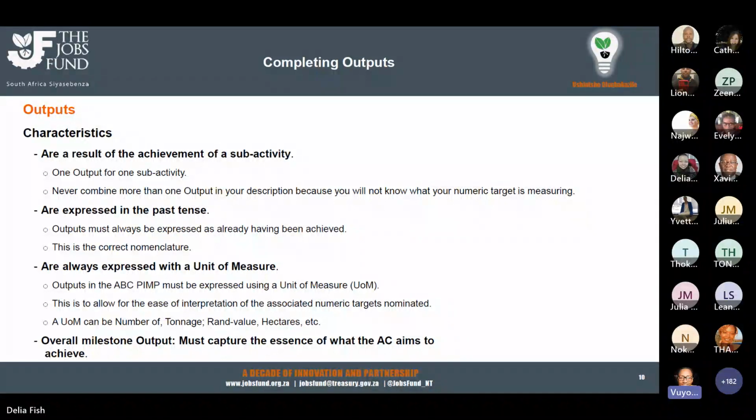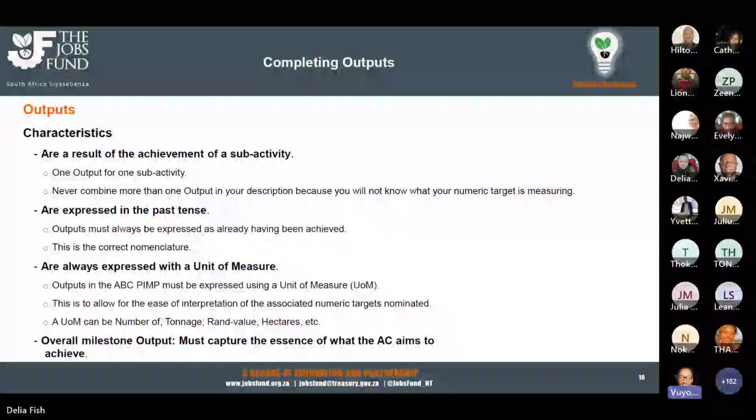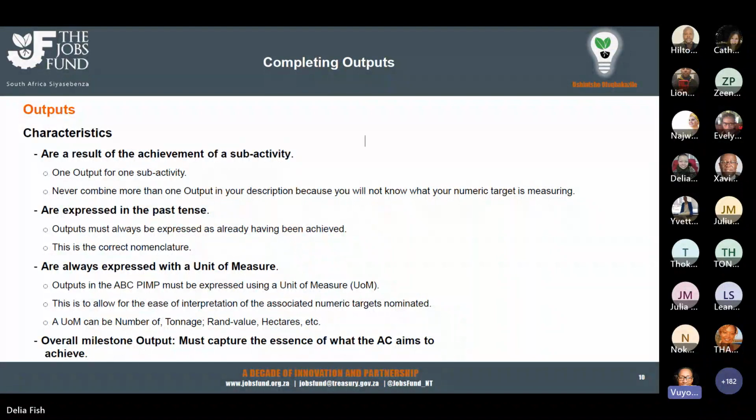Outputs are the result of the achievement of sub-activities. There is one output that should be nominated for one sub-activity. So in other words, if you've got a sub-activity that relates to the development of a recruitment strategy, you can only have one output that speaks to that sub-activity and no more.